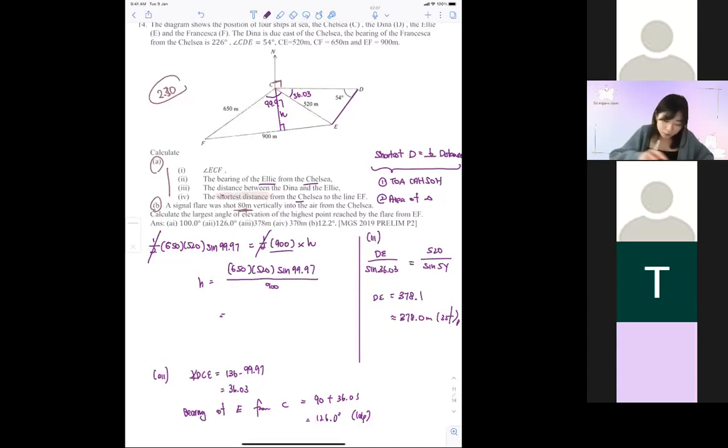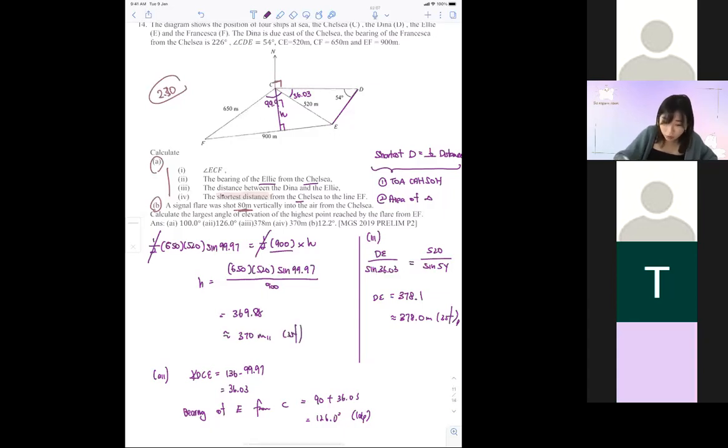I help you put the calculator. The rest also help me put the calculator, okay? Try see whether you can get the same answer. All right, then I will get 369.88, which is 370.